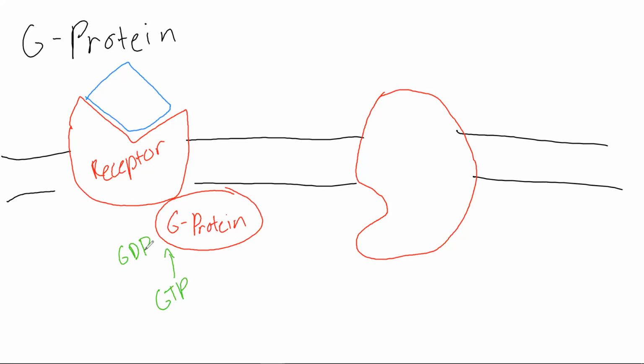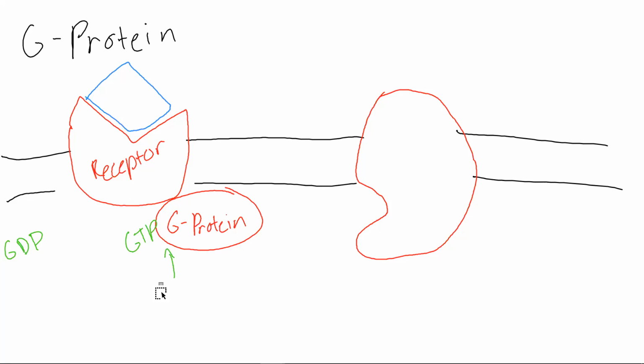So GDP is going to be here. When the signal is received by the receptor, a GTP is going to make contact with the G protein, and it is going to move the, hang on, where's the cursor button? I know it's around here. Okay. It's going to take this GDP and move it out, and instead, our GTP is going to move in.